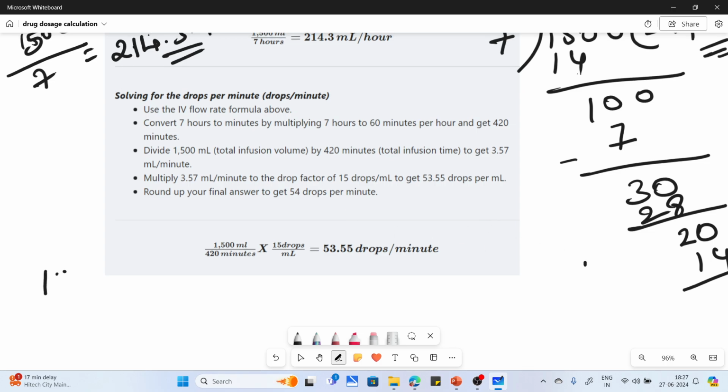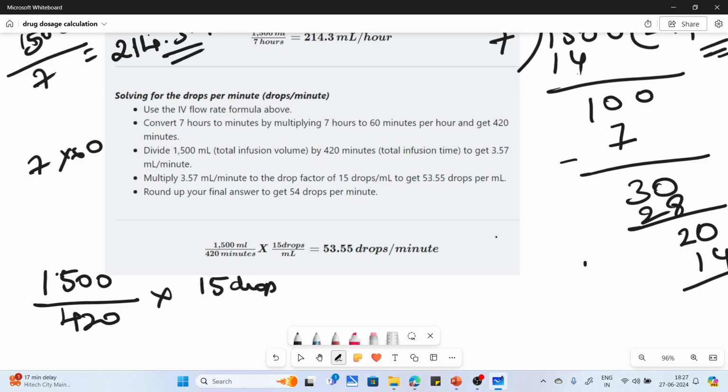So the same 1500 ml, and they have asked for 7 hours. 7 into 60 gives 420, and the drop factor is 15 drops per ml. So once we multiply 1500 into 15 by 420, we will get the value.